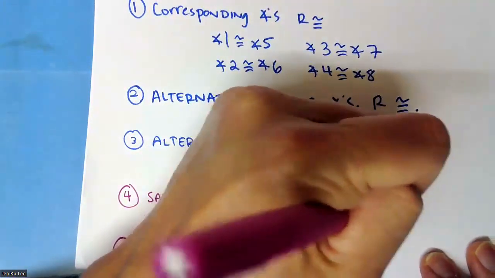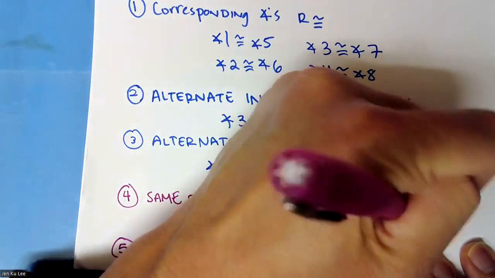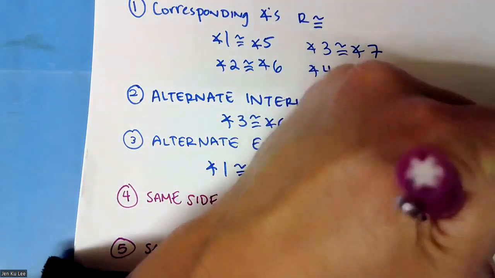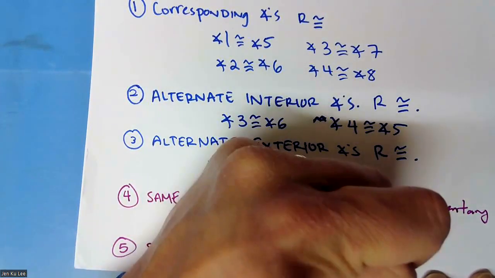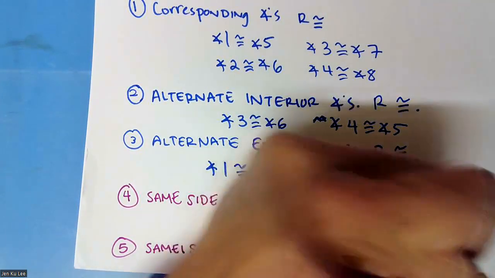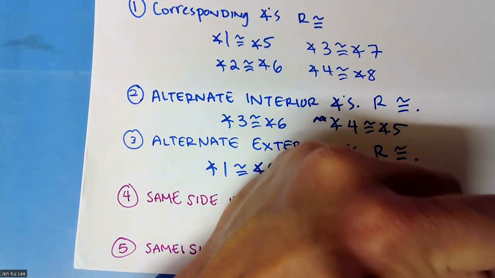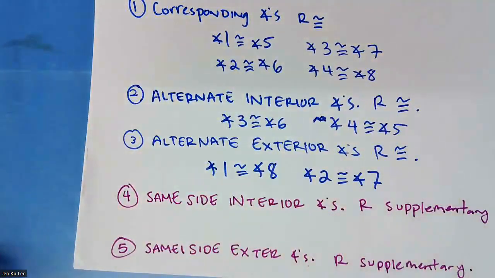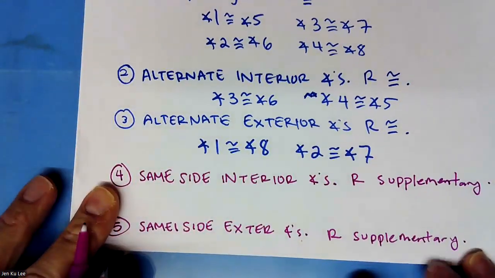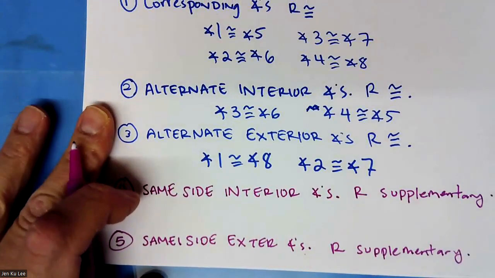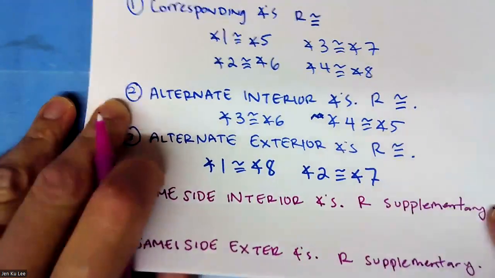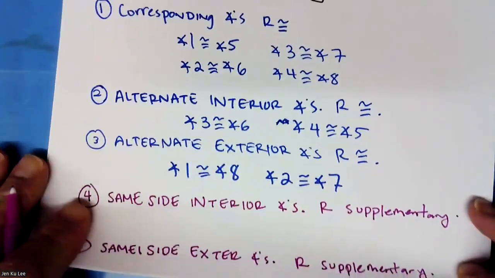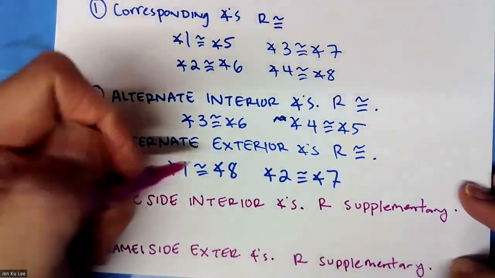And they are supplementary. Remember, supplementary means that they equal 180. Okay. And if you are ever confused on what these mean, I go into more detail in our previous video. It's up on the playlist.